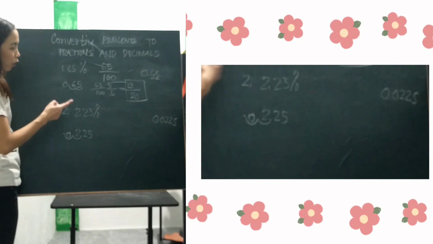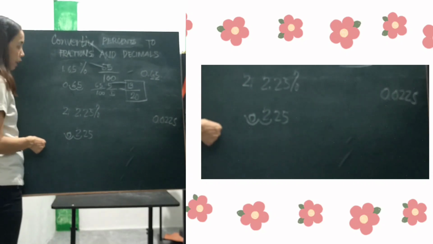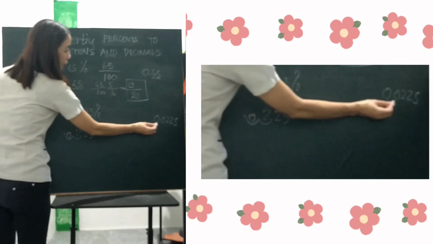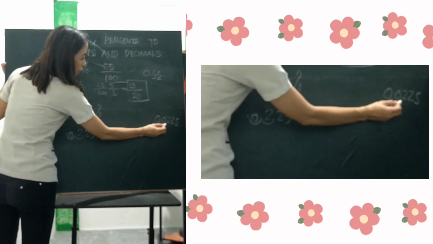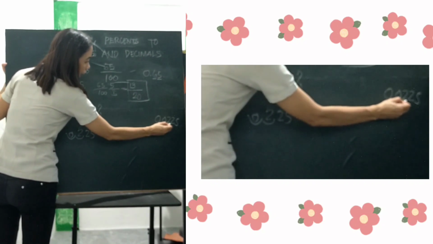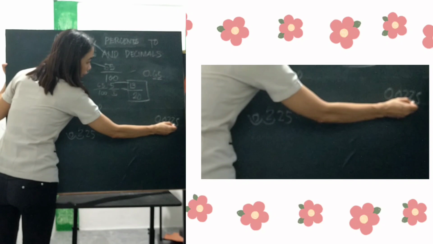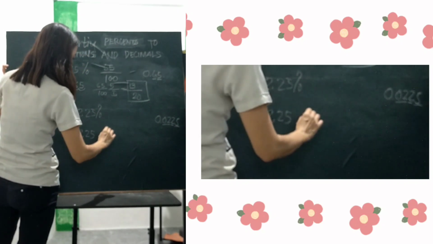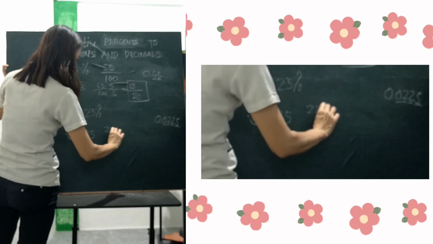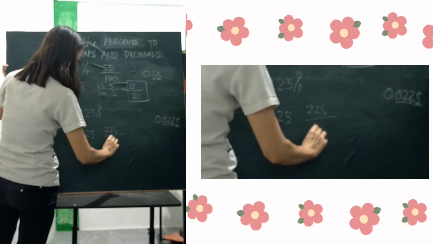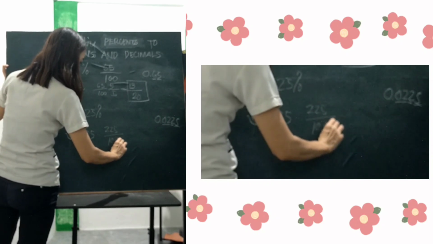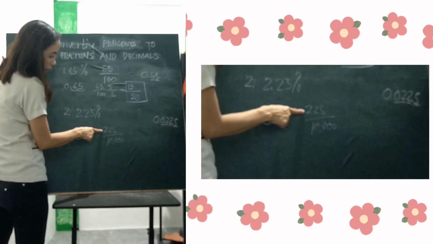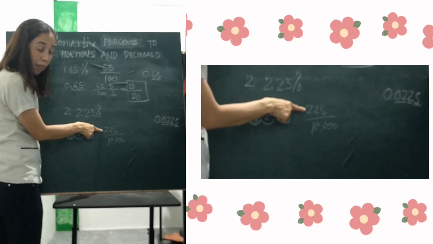So, how do we convert this into fraction? So, we have tens, hundreds, thousands, 10,000. So, the answer is 225 over 10,000. So, is this divisible by 5?